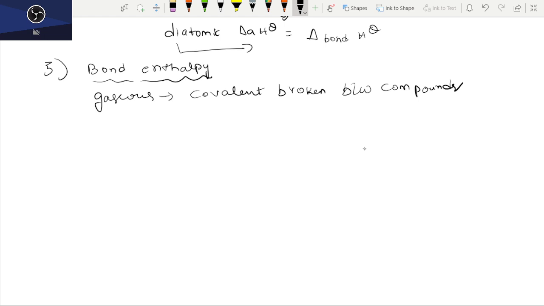Enthalpy change only occurs when the covalent bond is broken.